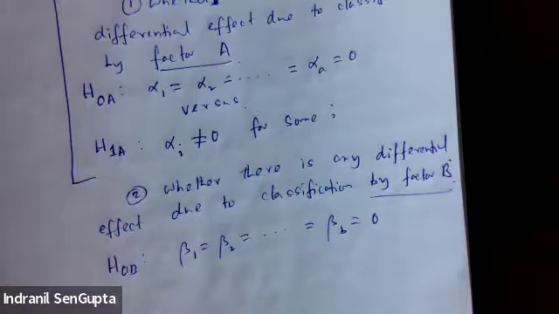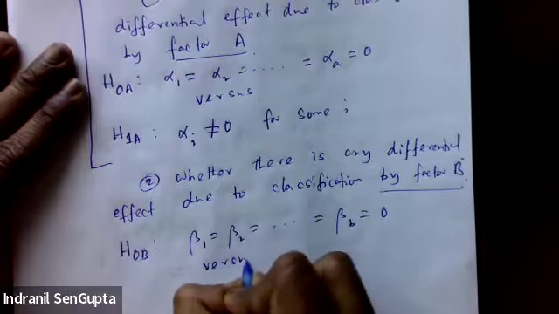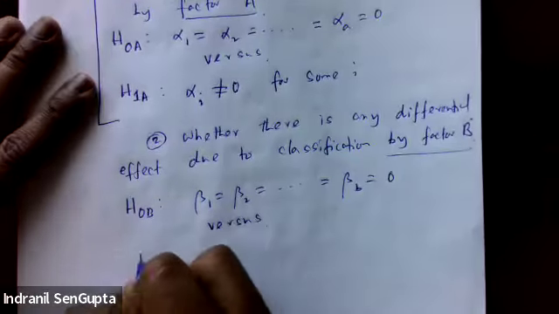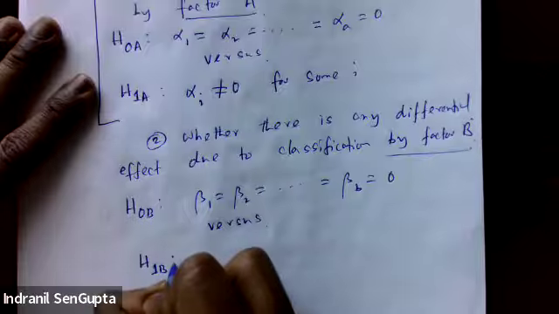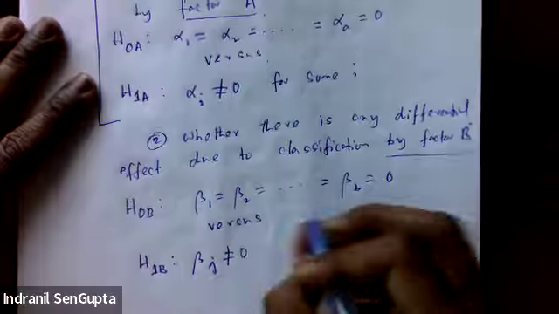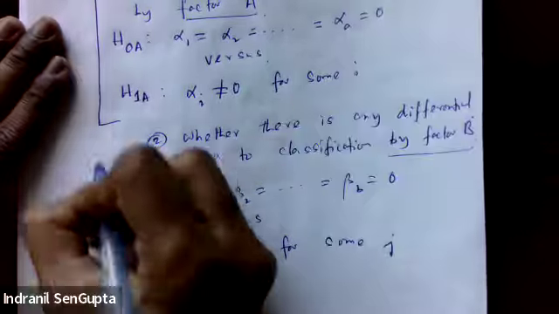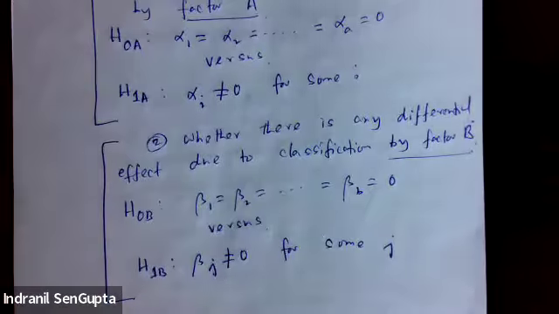And we are checking this versus the alternative hypothesis H1B, which is beta sub j is not equal to 0 for some j. So that is the alternative hypothesis. That's what we are going to check.